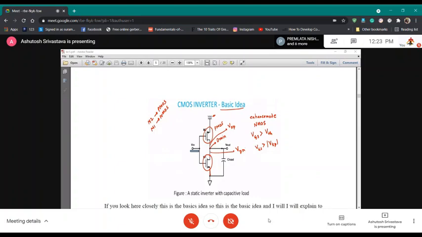Actually, the whole idea is to reduce. So whenever you have a large expression and when you solve the Boolean expression, the expression gets reduced. So the reduced expression would require a lesser number of transistors.